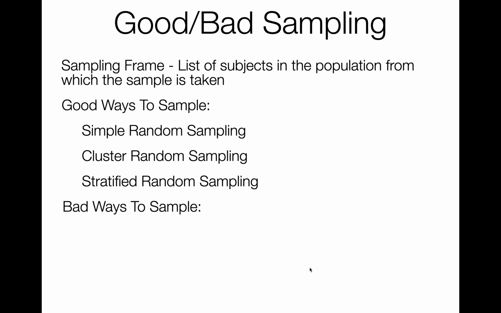And then, of course, there are some bad ways to sample. One is convenience sampling, and the other one is called volunteer sampling. Certainly, this isn't an exhaustive list of all the ways that you can sample, but it is good enough for us. So we'll talk about first the good ways, then the bad ways.